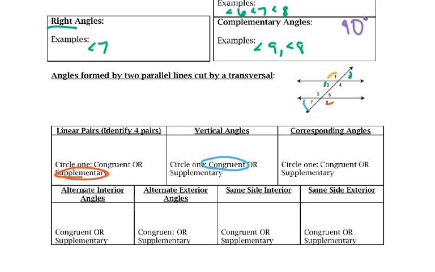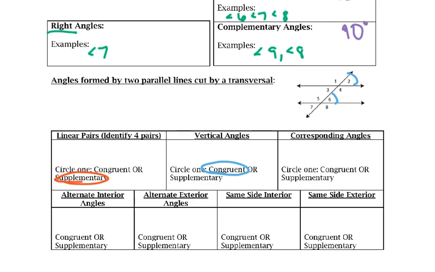Okay, now the next one, you might have had to dig back in your memory and see if you remembered talking about this. But corresponding angles would be angles like 2 and 6, or angles like 3 and 7. So look at how those angles relate to each other.